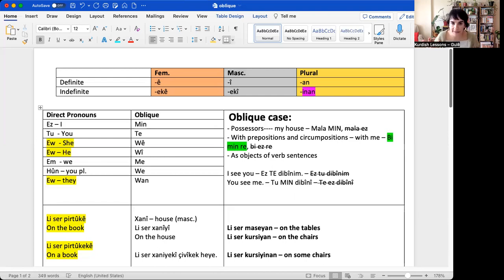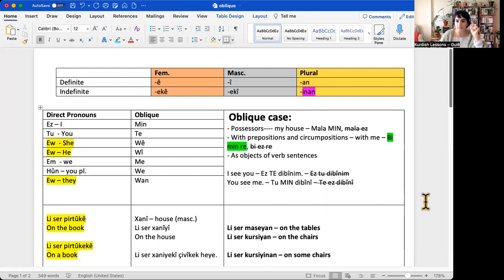There are some clothes on some chairs. It's indefinite. There are chairs, we don't know whose chairs, which chairs, so you say li ser kursiyan. Not important which kursî it is, okay? So it is when it is with a preposition. So the rule is, remember, with possessor you need oblique, with preposition you need oblique, and the last one is an object.